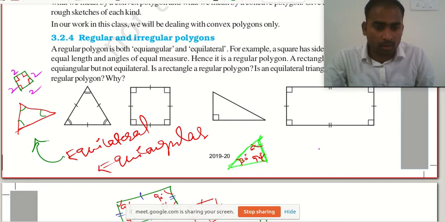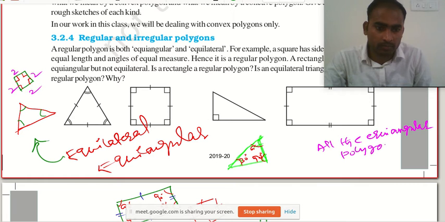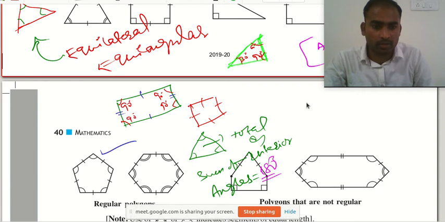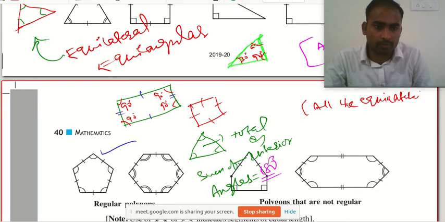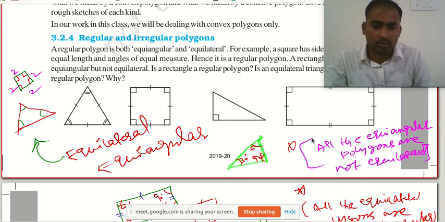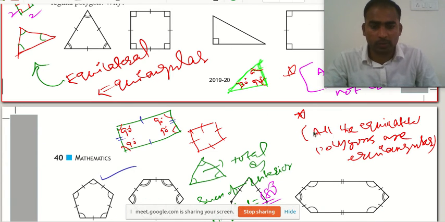These are the 2 cases here. You need to focus on that. Have you understood these 2 properties?